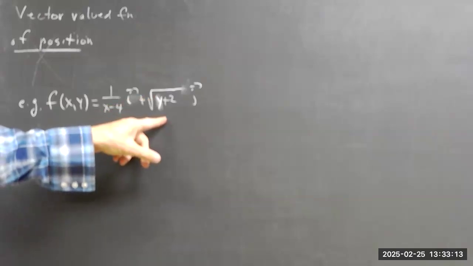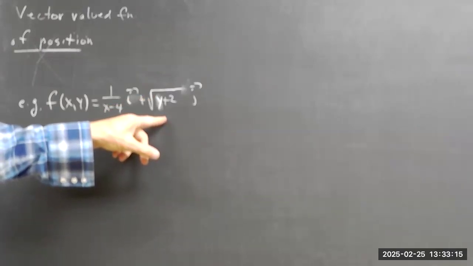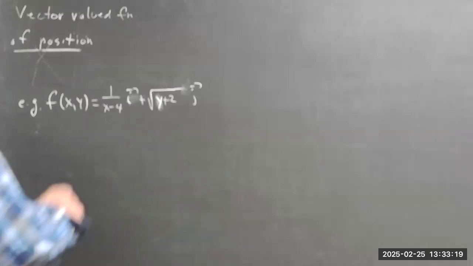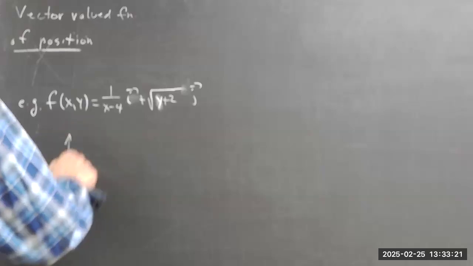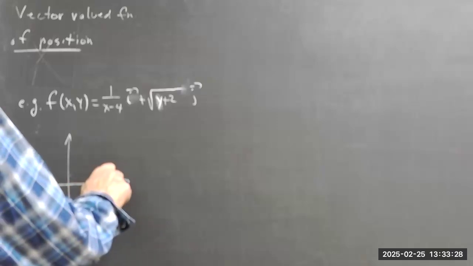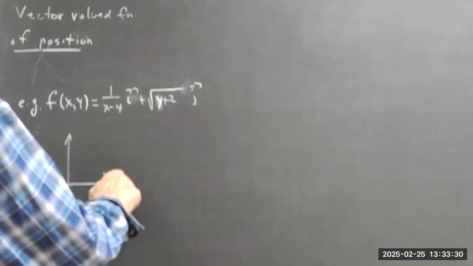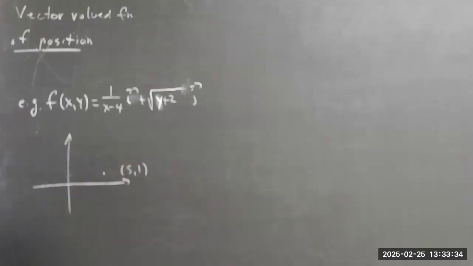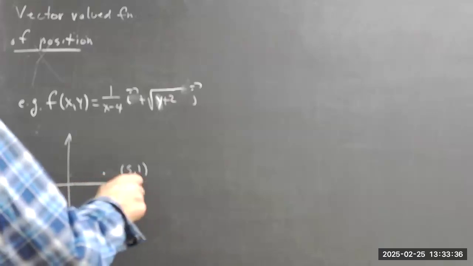Given a value of y greater than or equal to -2, we get a vector. So for example, at the point 5, 1, what is f of x, y equal to?